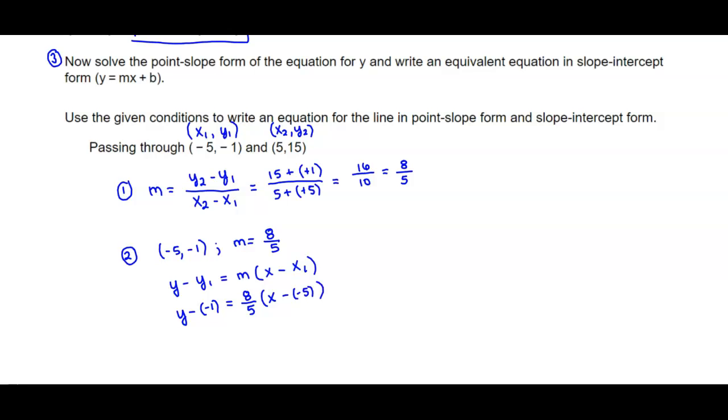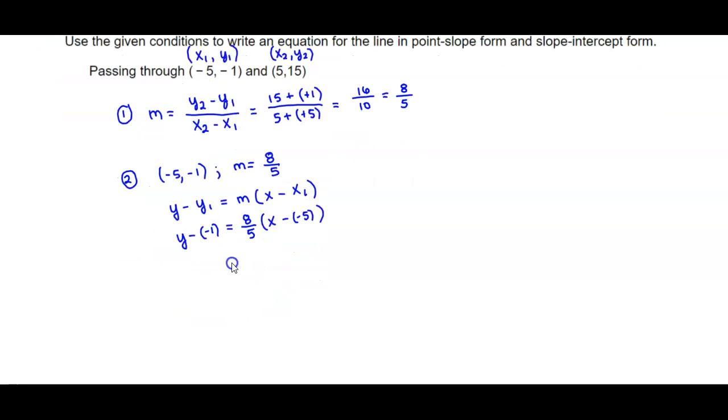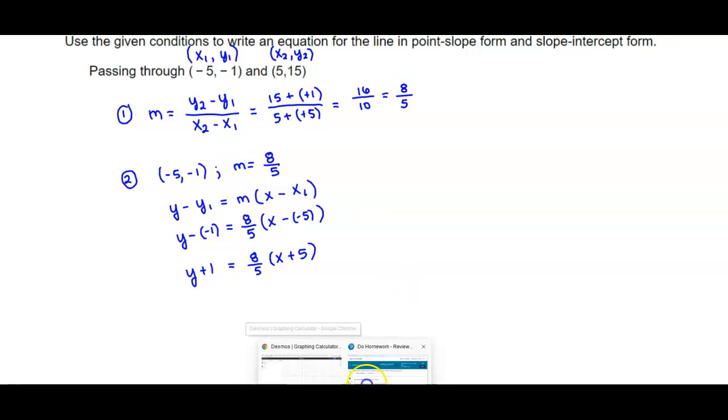Now we're not done yet with point-slope form because we need to simplify these signs. So then we end up getting y plus 1, which is equal to 8 over 5 times x plus 5. So this is considered point-slope form. Let's go ahead and put this into our result to make sure we have it correct.